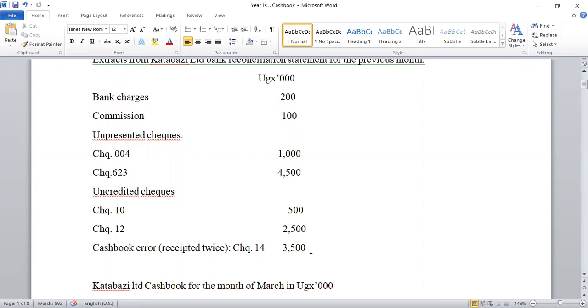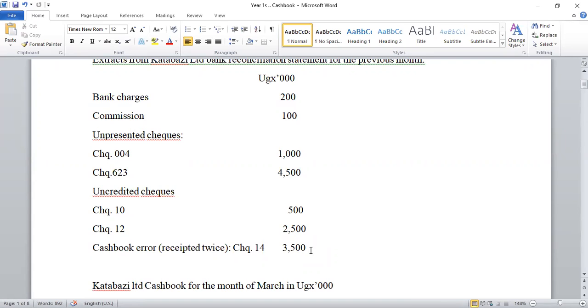So the only way you can correct that error, like I already told you, with the overcast, you always put on the opposite side the difference. The difference in this case is the same 3,500 because it was done twice. In short, on the debit side you have 7,000 and nothing on the credit side. How do I make the 7,000 become 3,500 only on the debit side? It's only when you pass the difference.